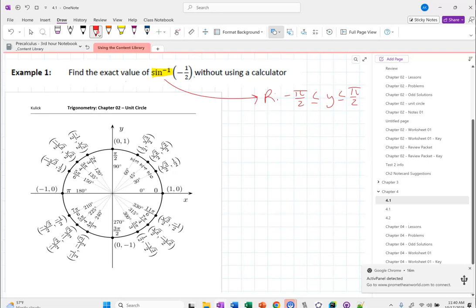Well, if I start at 0, now I want to go to negative pi over 2. Which direction am I rotating? So clockwise. And how far is pi over 2?